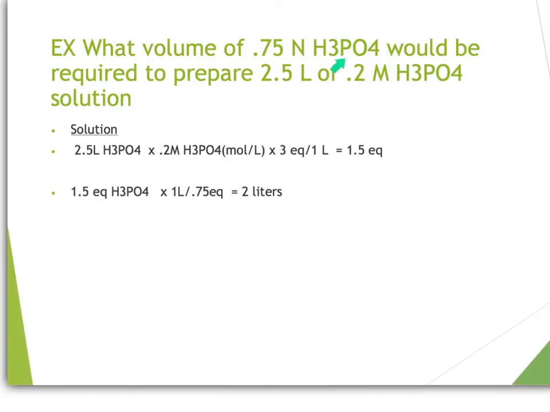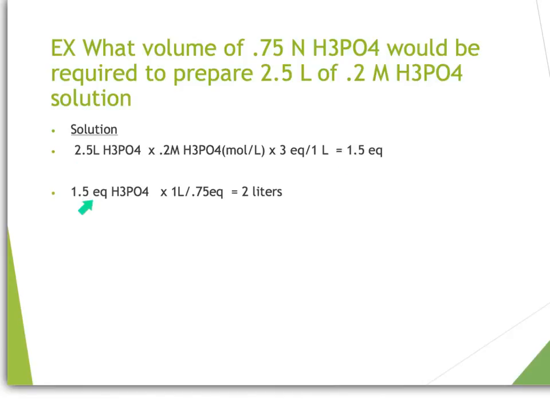We know that 1 mole of H3PO4 would have 3 equivalents due to the 3 hydrogens present. So we can multiply 3 equivalents over 1 mole. This allows our equivalents to be present, but our moles will cancel out. Therefore, we would have 1.5 equivalents.